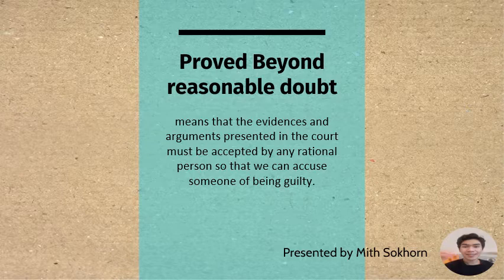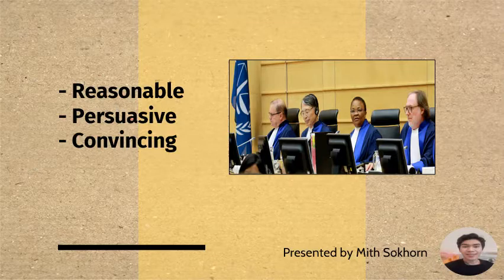To be precise, it means that the evidence presented to the jury in the court must be reasonable, persuasive, or convincing, making the jury believe that what has been presented is true, and they have no doubt or uncertainty that it is true.